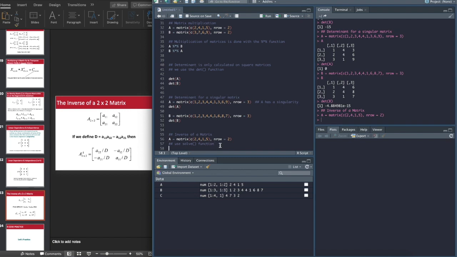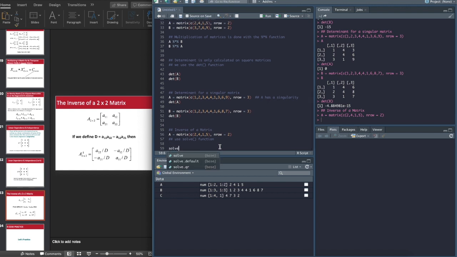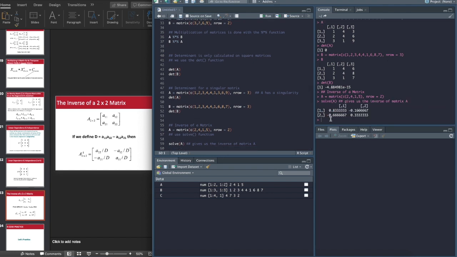In order for me to get the inverse of this particular matrix, I would do solve A, and that would give us the inverse of matrix A. If I do that, the inverse would be this value. The inverse of a matrix is sort of dividing; you can think of it as 1 divided by the matrix.